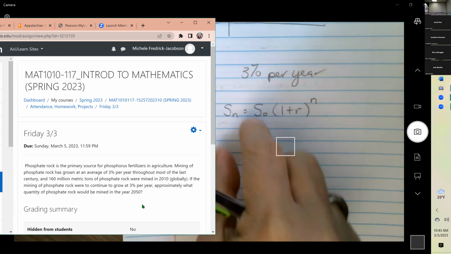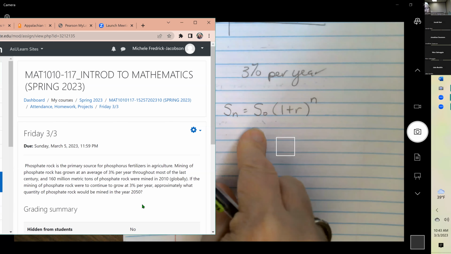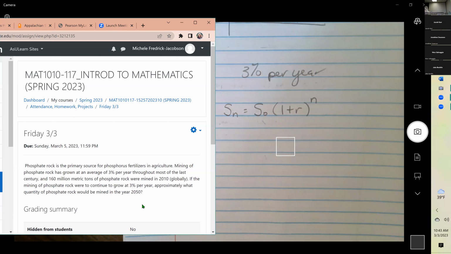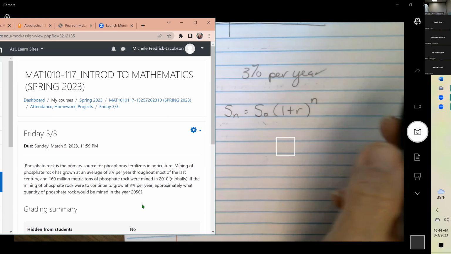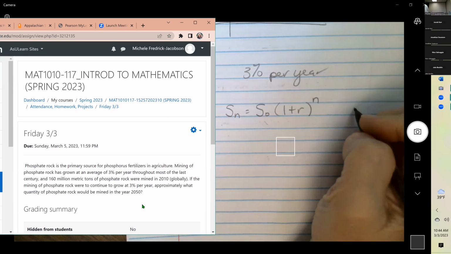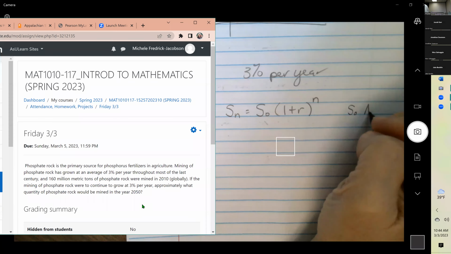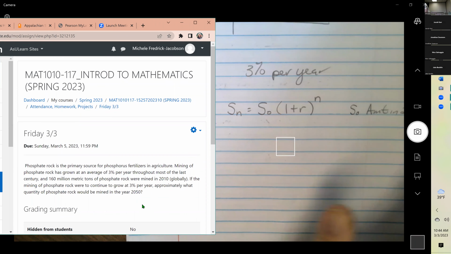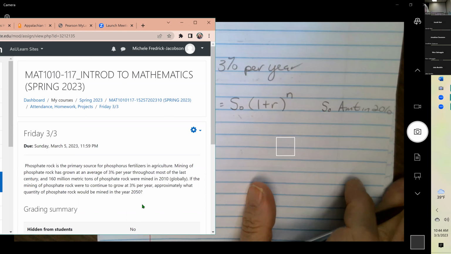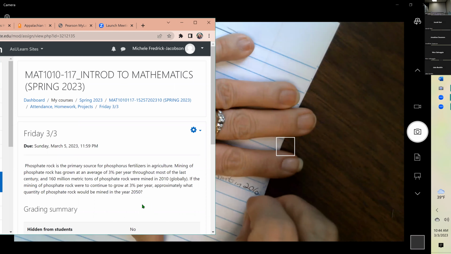I'm getting a very large number. Oh, in the millions. You should be getting around 522 million. If we start with the starting amount, so we're starting in 2010. Because we know how much was in 2010, that's not a percent.